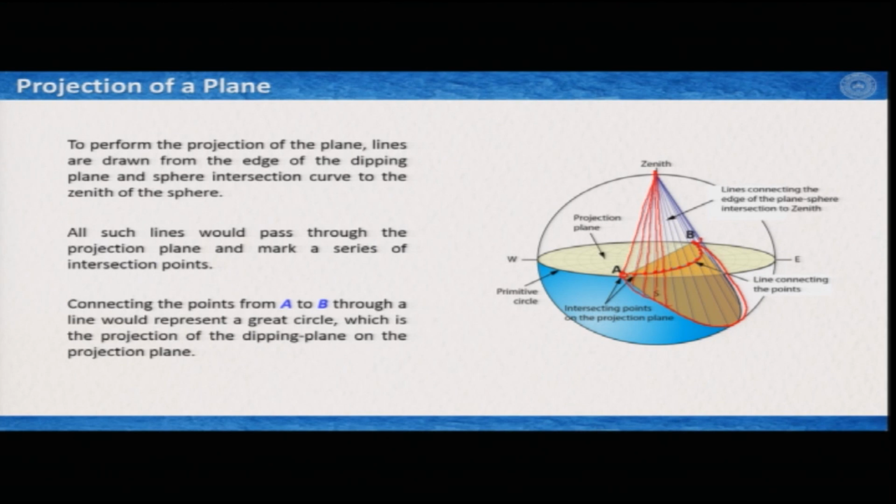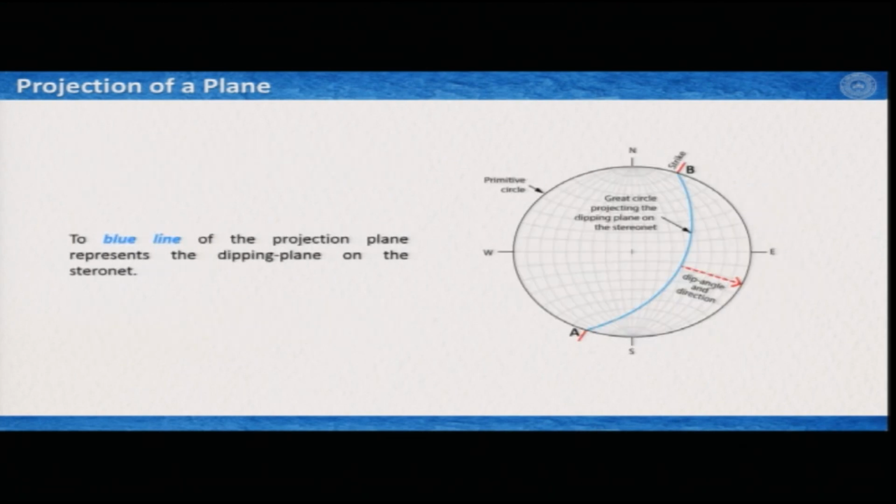So, if we now see the projection plane only, it appears something like this. A and B are the 2 points, and this blue line is made of different points that we have drawn, which are the intersections between this plane at the lower hemisphere and the lines connecting them to the zenith of this sphere.